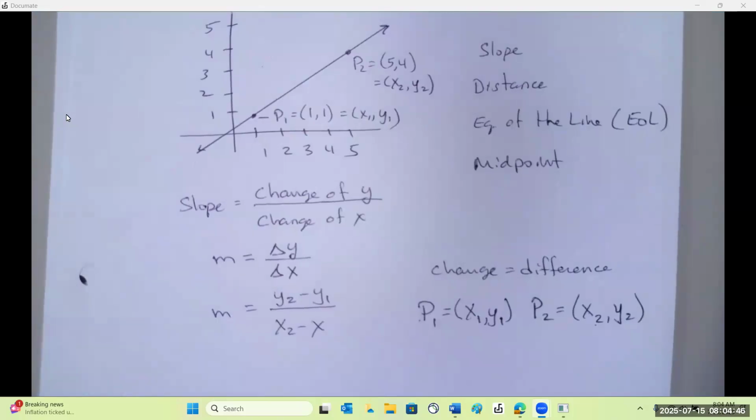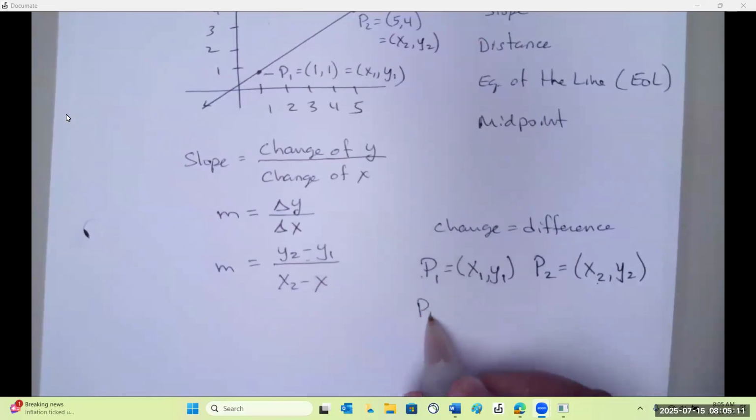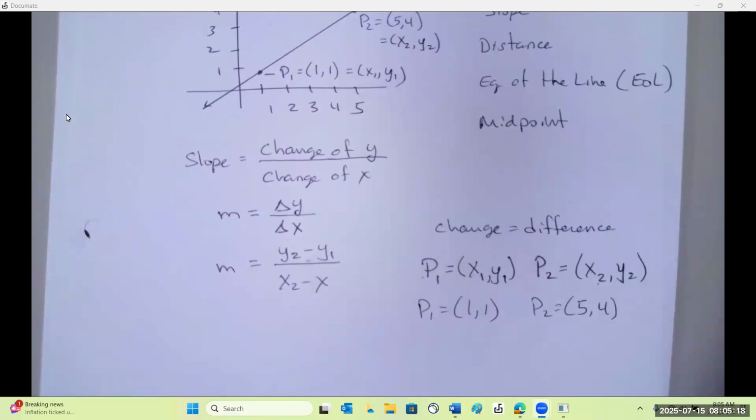Whenever you deal with formulas that require input, always do 2 things. Label the information you have and then write down the formula. Don't ever start jumping in and writing stuff in the formula. That's where most mistakes happen. In our example here, this is 1, 1. This is 5, 4.